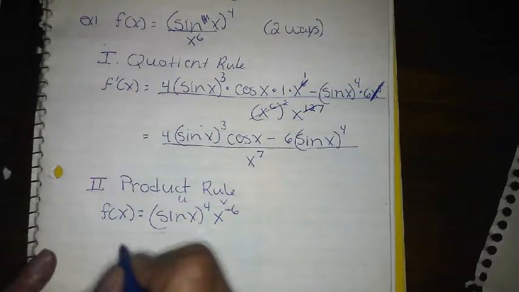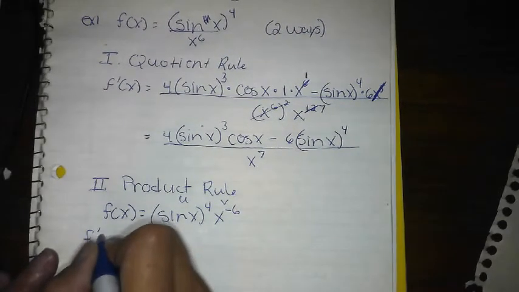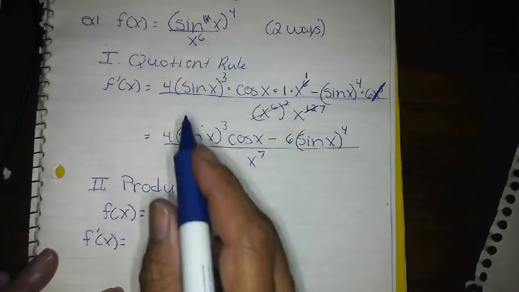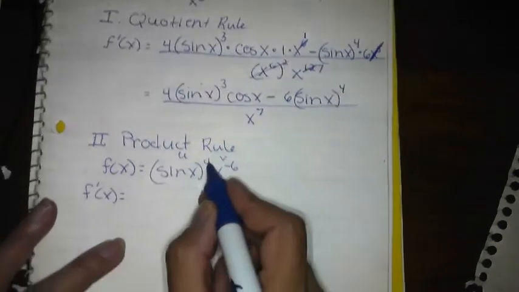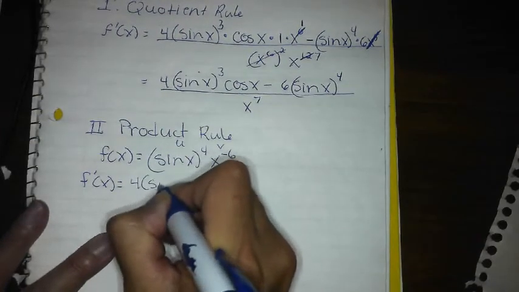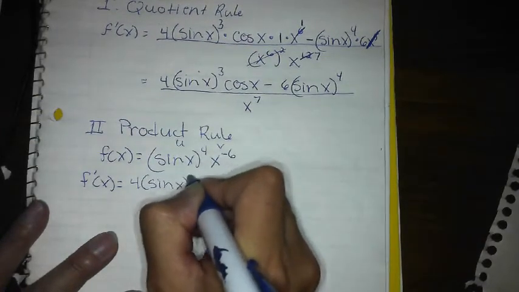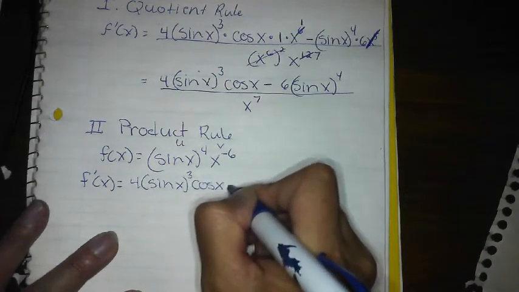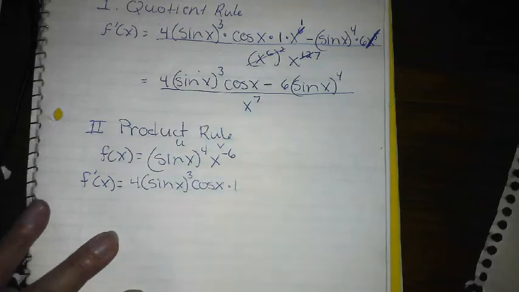And jumping into product rule, so starting derivatives, so use the notation. U prime, same thing we did up there, outside times inside. So we'll have 4 sine x cubed. Inside derivative is cosine x times the angle derivative is 1.